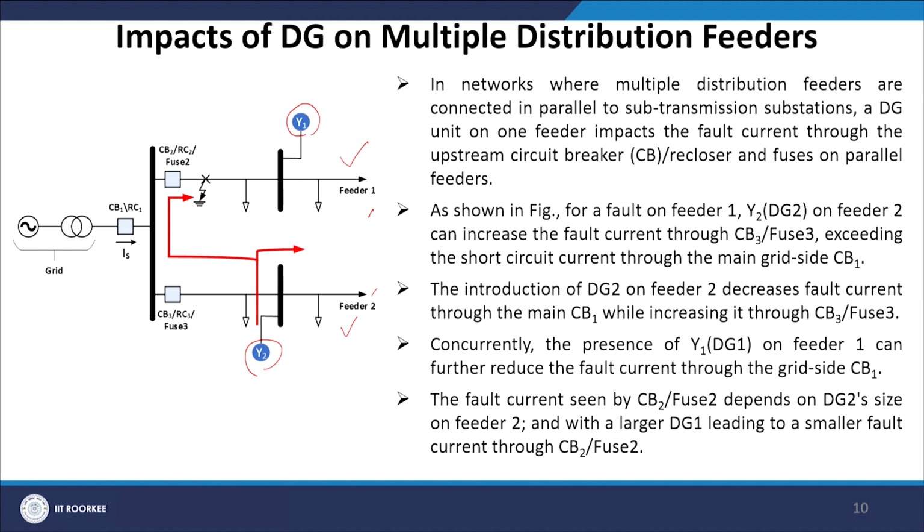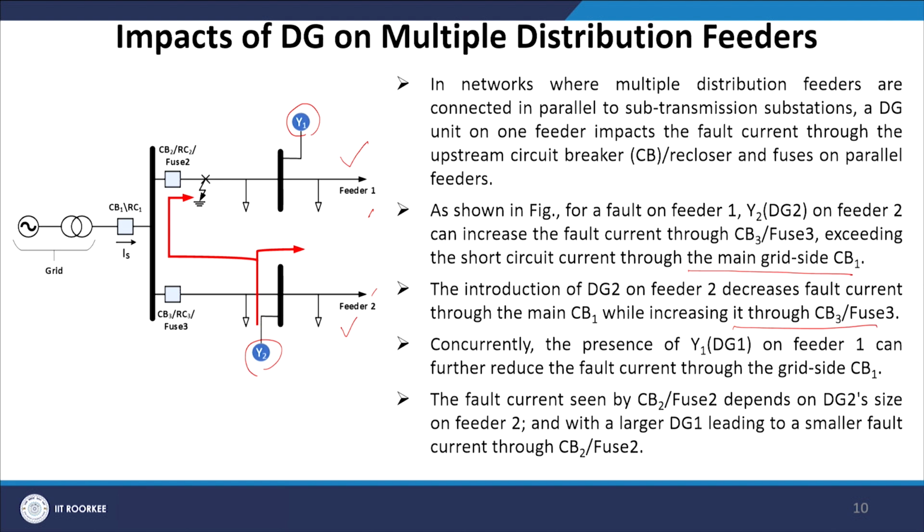As shown in the figure on the left, for a fault on feeder 1, DG2 on feeder 2 can increase the fault current through CB3, exceeding the short circuit current through the main grid side CB1. The introduction of DG2 on feeder 2 decreases the fault current through the main CB1 while increasing it through CB3 or the fuse.